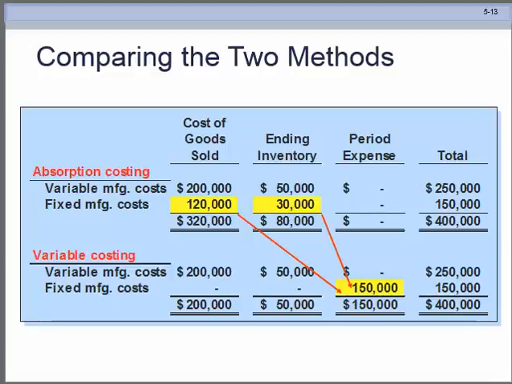Under variable costing, the entire $150,000 of fixed manufacturing overhead is treated as a period expense. The variable costing ending inventory is $30,000 less than absorption costing. And that explains the difference in net operating income between the two methods.